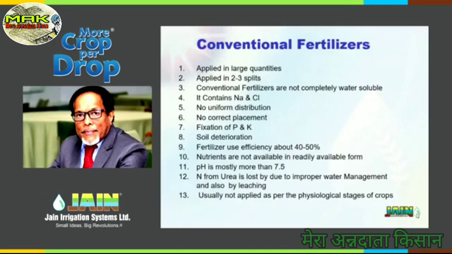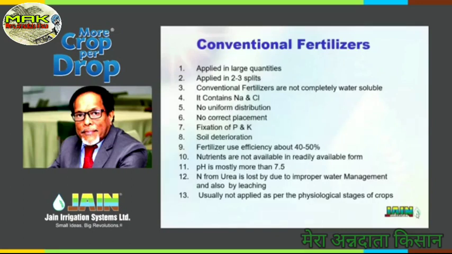And chemically, there is another issue. Fertilizers like phosphorus and potassium get fixed chemically, bound to chemicals in the soil, and they may not be able to come out of it. Potassium, for example, is not only bound chemically, it also gets bound by clay elements, the clay lattice structure. That's why when you apply too much potassium, most of it goes for fixation and is not available to the crop.